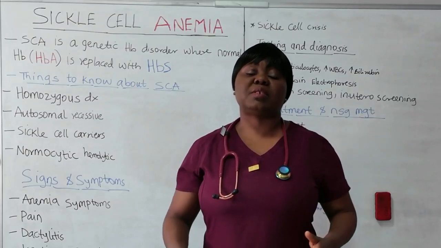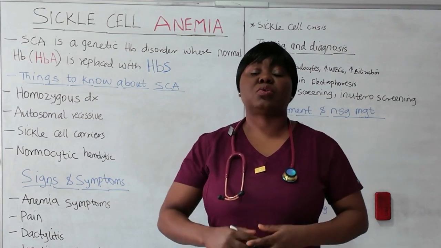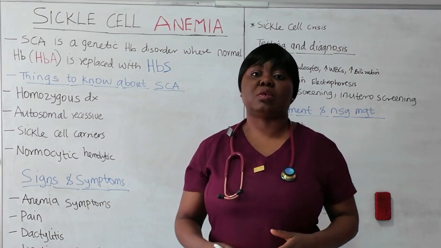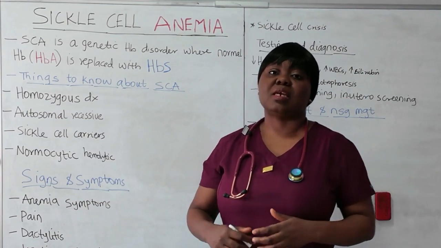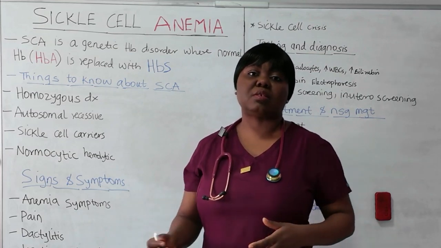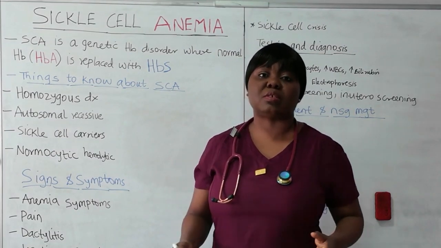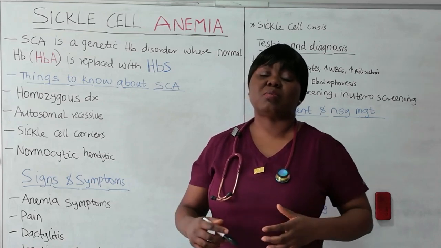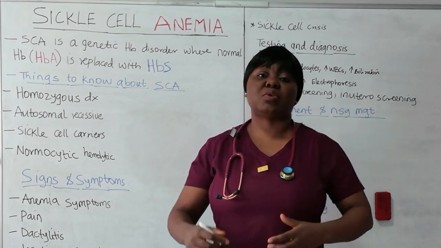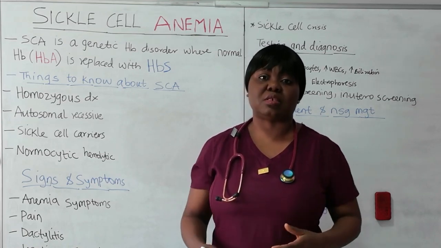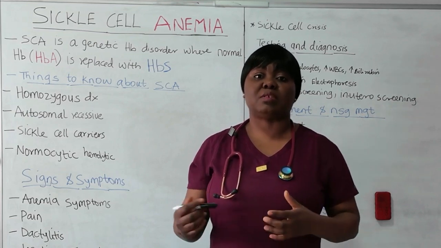Now, there are some terms that apply to sickle cell disease or sickle cell anemia that I want you to note. One of them, you may hear that this disease is a homozygous disease, an autosomal recessive disorder. So when you hear homozygous disease or recessive disorder, we're saying that the individual must inherit 2 sickle cell genes, one from each parent, to have the disease.